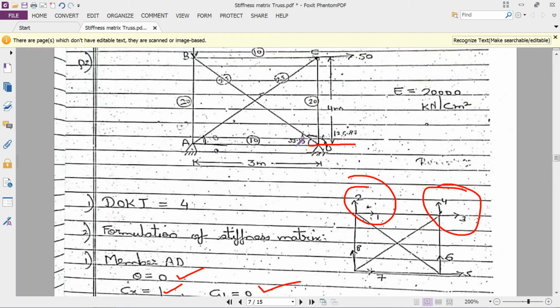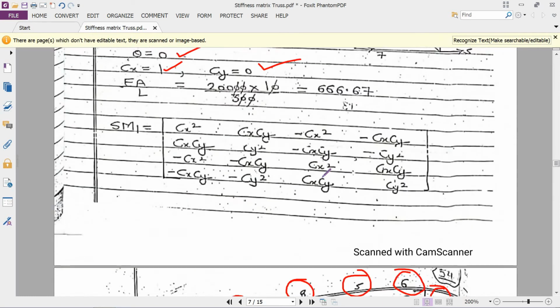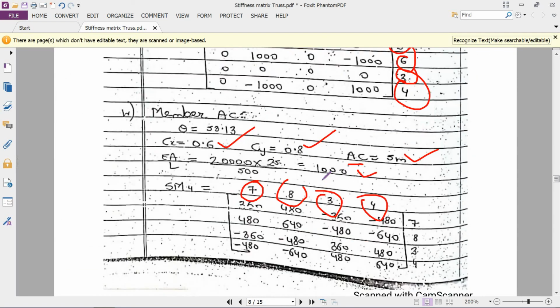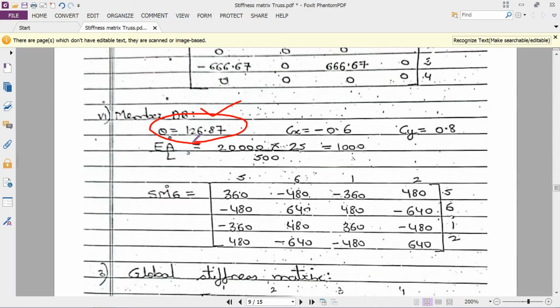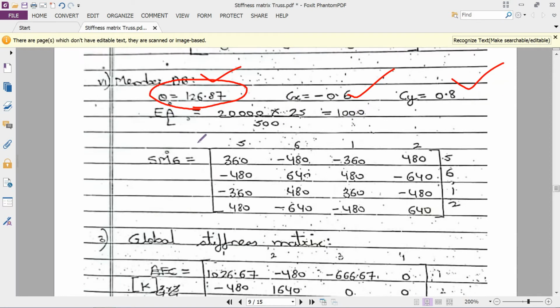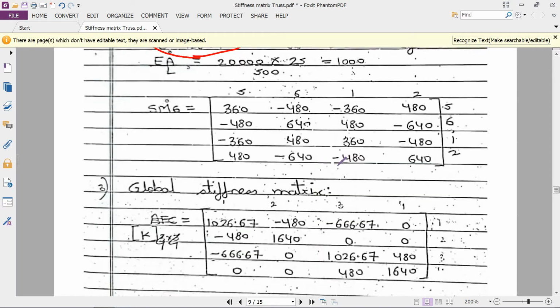We know that the total half angle is 180, and 180 minus 53.13 gives 126.87. This angle you must calculate as per the geometry. After getting the value of theta, put it in as cos theta and sin theta and you will get the answer. Then again calculate EA by L, then the structural matrix.